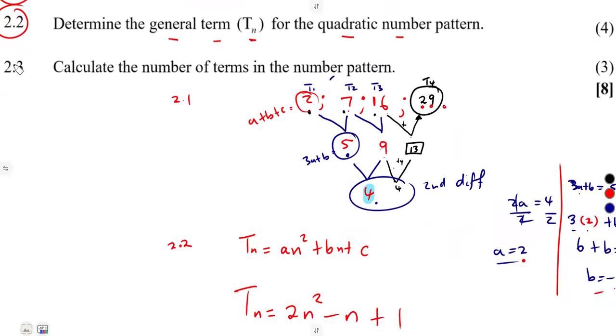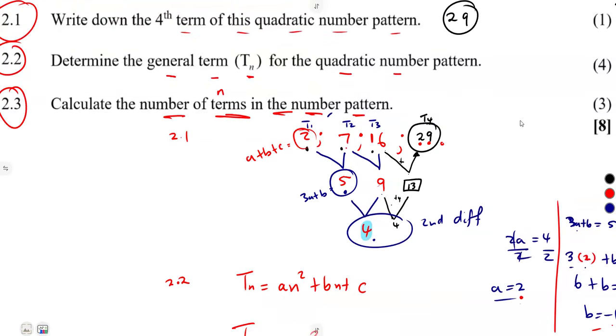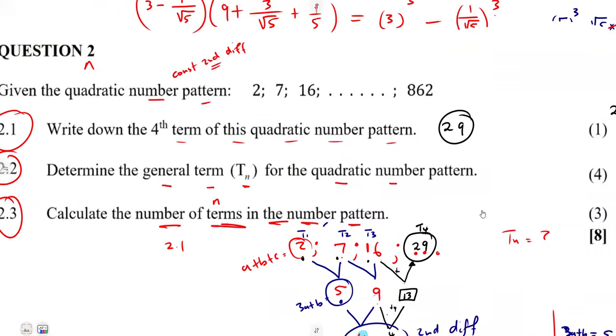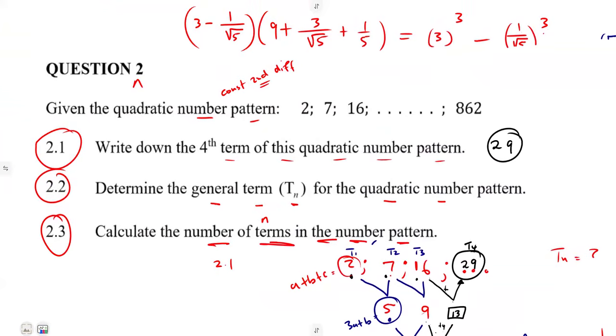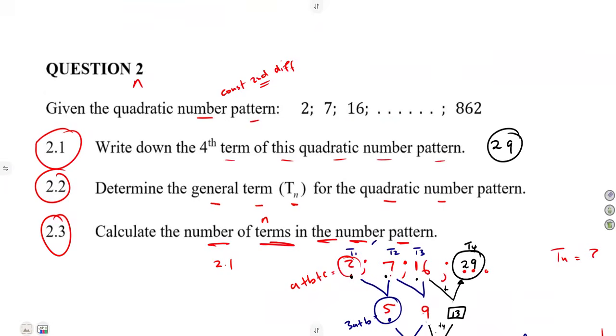Then the other part is to calculate the number of terms in the number pattern, to find the value of n. Why are we being told to find the number of terms if we are not given the Tn to equate to? Because from these terms that we are given, T1, T2, and so on, you are given up to the last term, 862.